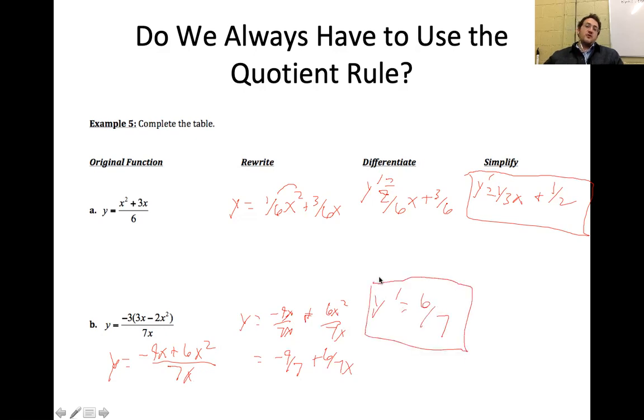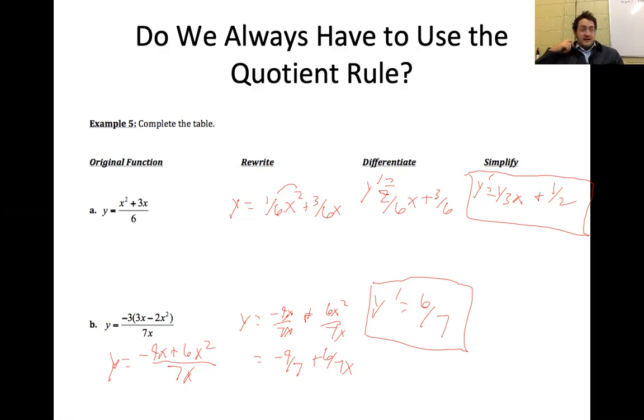So the moral of the story here: just because something is written as a quotient doesn't mean that you always have to use the quotient rule. Sometimes, you could just use some simple properties of exponents or very simple multiplication and turn it back into a power rule type of scenario.